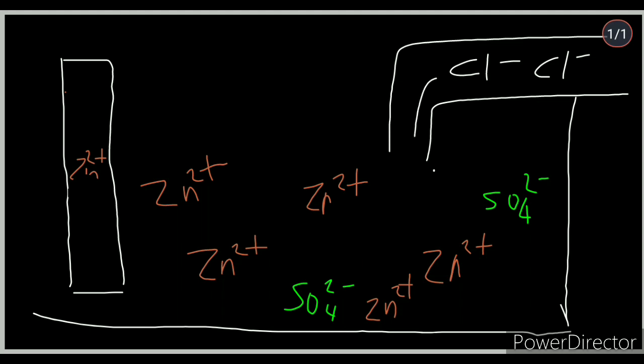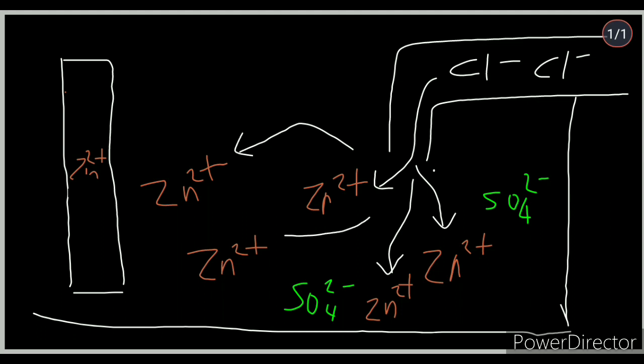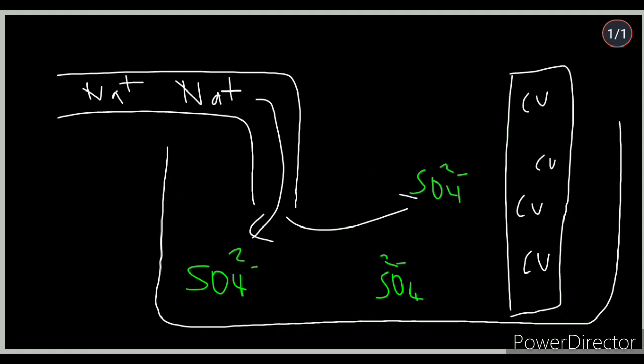So the balance is lost between the Zn2+ ions and SO4 2- ions. Here the salt bridge will give a sufficient amount of anions and cations to each cell, that is, when the balance is lost between the ions, the salt bridge will provide minus ions to the first beaker and plus ions to the second beaker.